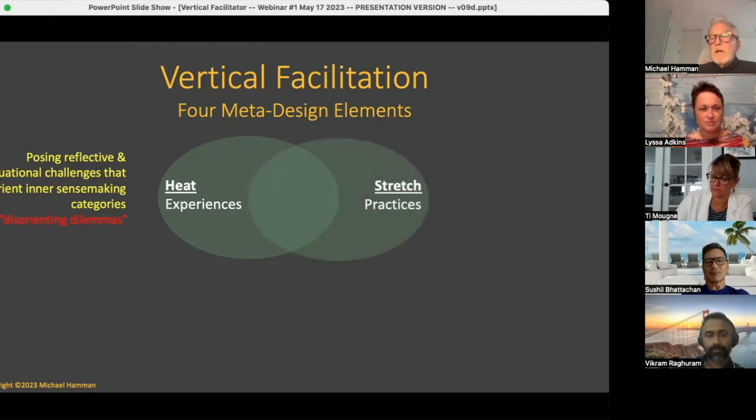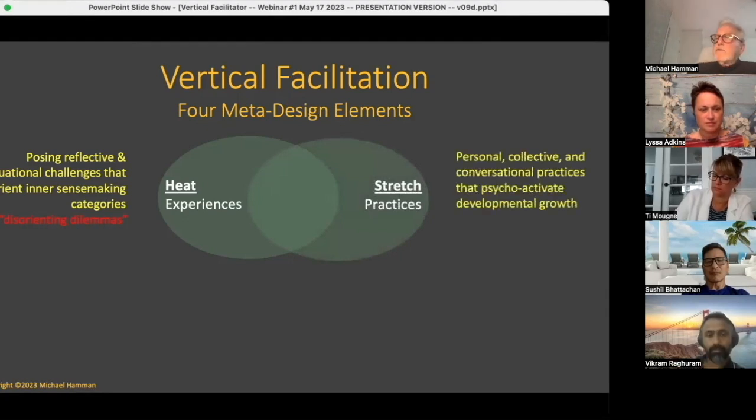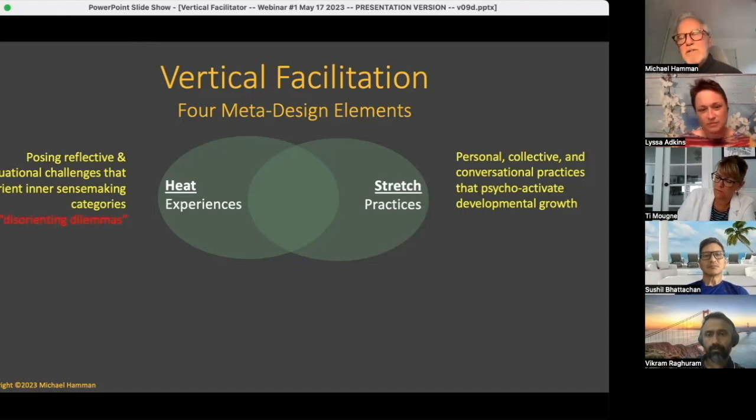Okay. Stretch practices. They're a little bit like heat experiences, except these are practices that we introduce that have the effect of bringing people to a different kind of awareness, or being able to step into a new perspective. Like, for instance, Lisa, I think of the great example of the afternoon of day one of coaching agile teams. Some of you may remember this course that Lisa and Michael Spade and I used to teach.